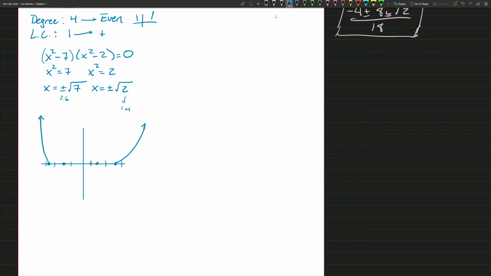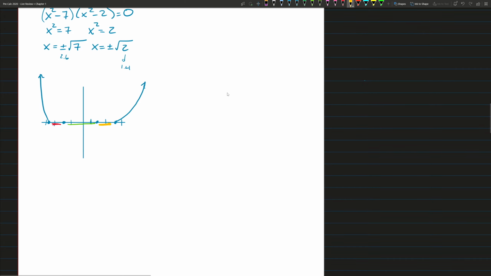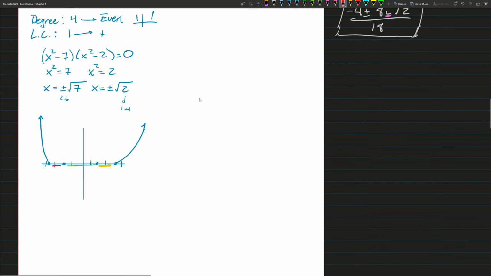Okay, we need to find out what's happening between each set of these zeros. So we need to test something in between these two zeros, and then in between these two zeros. So to the left, we can test negative 2. We plug that into our original: negative 2 to the 4th minus 9 times negative 2 squared, plus 14.